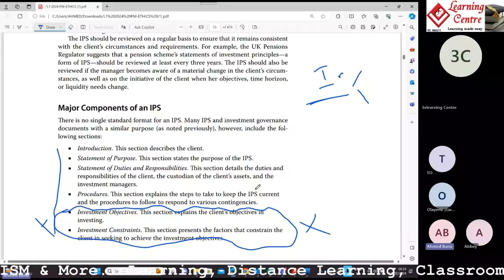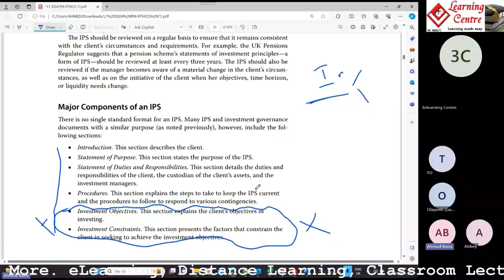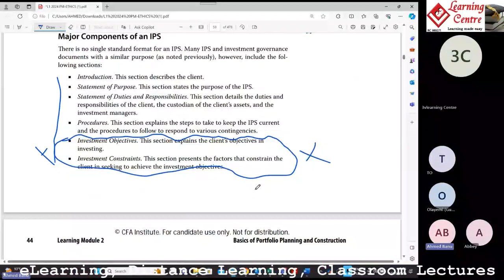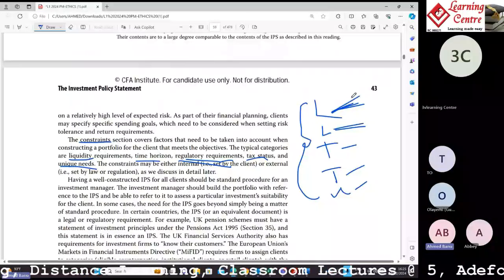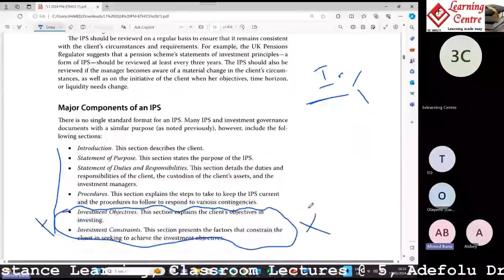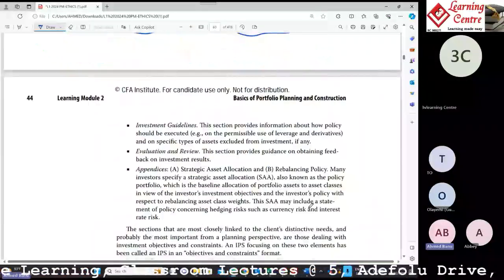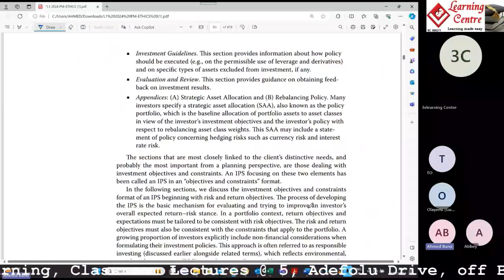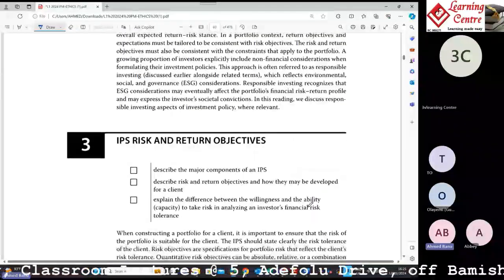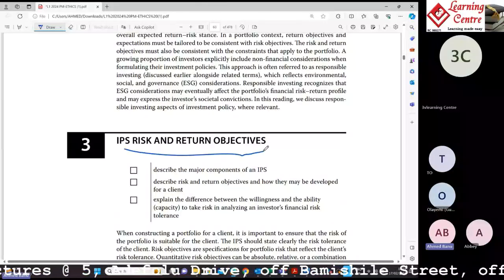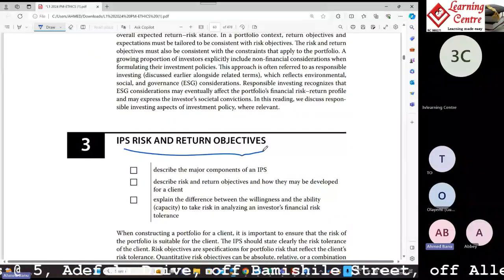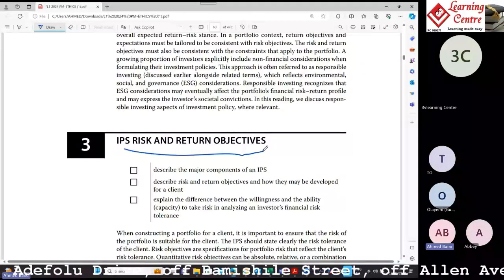A section that talks about the investment objectives of the client, and a section that talks about what you've been able to identify as the client's constraints given these 5 categories. Very important. Any other thing is not necessarily important. So let's go into the main topic of the day, which is your IPS risk and return objectives.